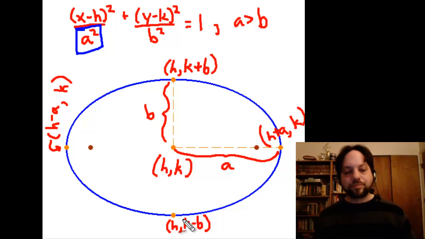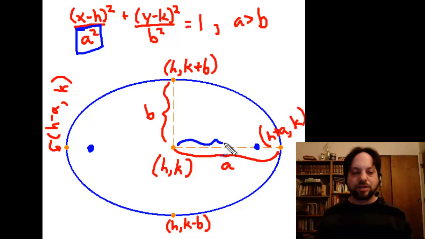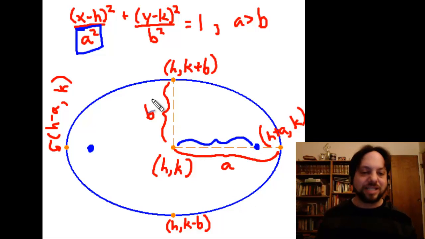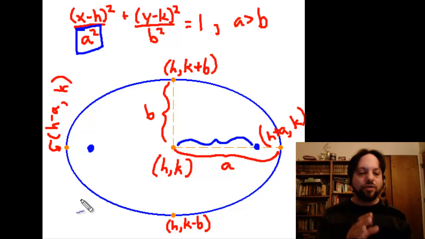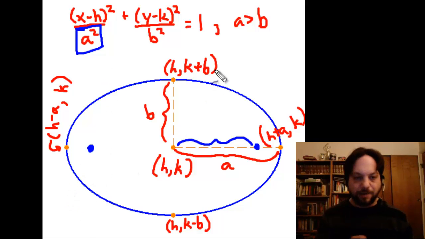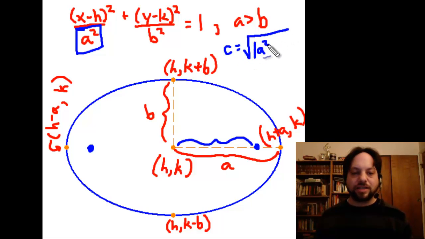And there you go. Now, finding the foci is going to be a little bit trickier here because this particular length is not something that's easily given in the equation. Rather, what we need to do is denote a new value that we're going to call c. And for an ellipse, c is simply going to be the square root of the absolute value of a squared minus b squared.